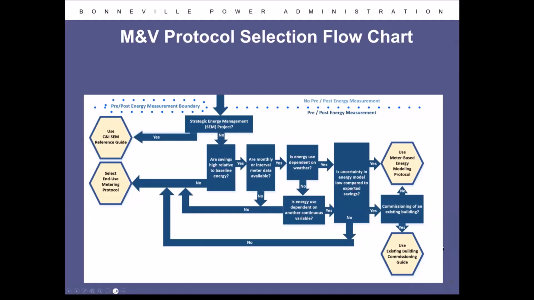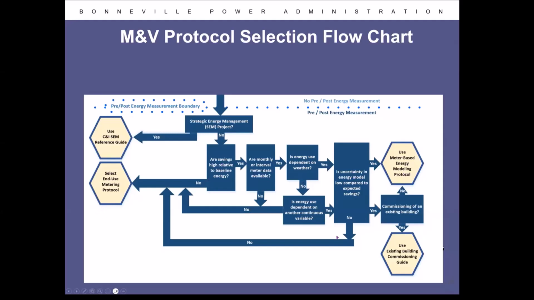And is your model uncertainty pretty low compared to the level of savings that you expect? So this is really driving you to use a meter-based energy modeling protocol if all of these things are true, and otherwise is pushing you towards selecting an end-use metering protocol and taking those energy measurements at the equipment level.